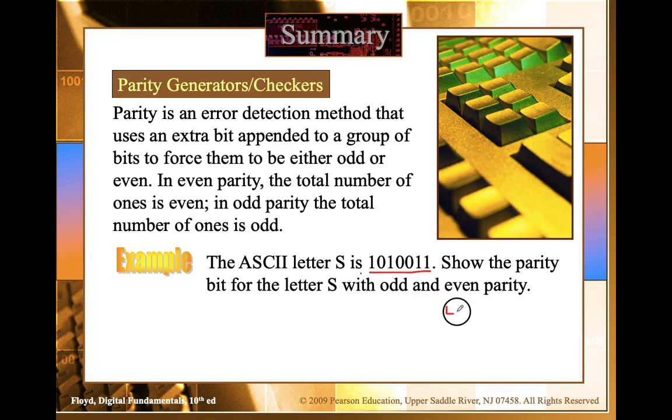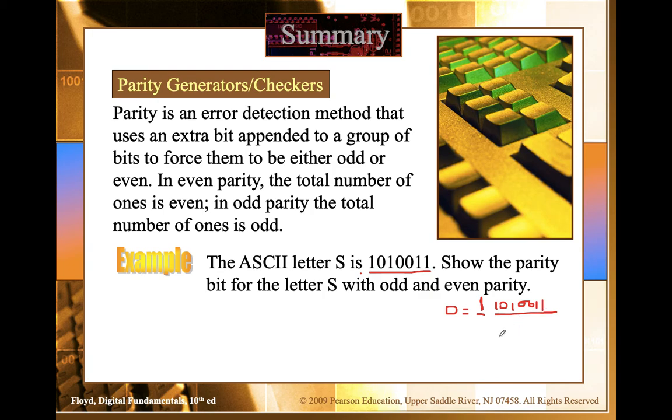In case we want to add odd parity, including the parity bit, the total number of ones should be odd. Here, as you can see, there are 4 ones, so the parity bit should be 1, right? That will make the number of ones odd.